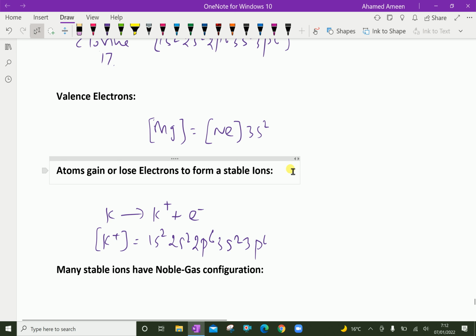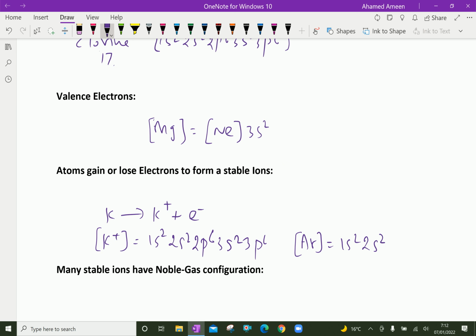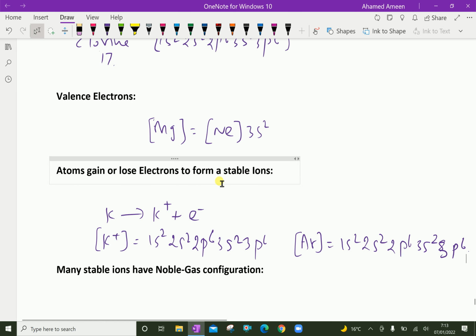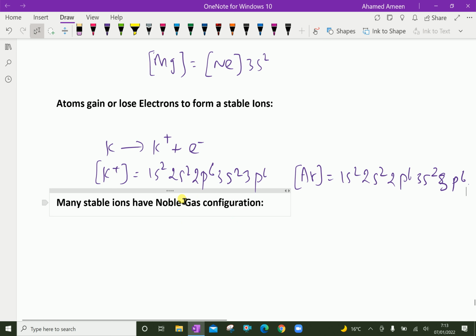And argon is 1s2, 2s2, 2p6, 3s2, 3p6. Then an ion with a negative charge is called an anion.